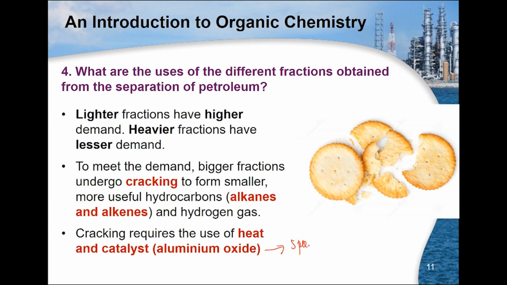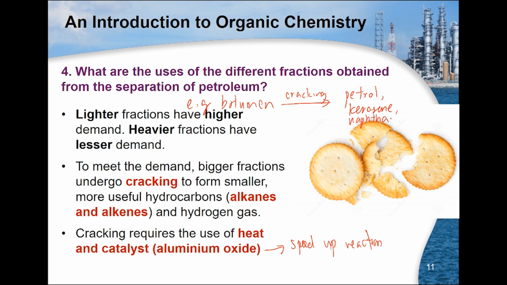So instead of having bitumen, which is a large fraction, I can make it go through cracking to form various small components such as petrol, maybe even kerosene, maybe even naphtha. And since naphtha, kerosene and petrol are more useful, I can sell them for more money rather than keeping the bitumen, which not a lot of people want. Right? That's the purpose of cracking.